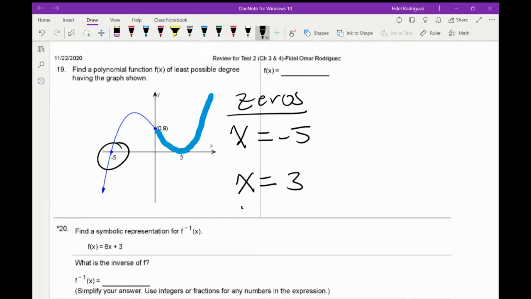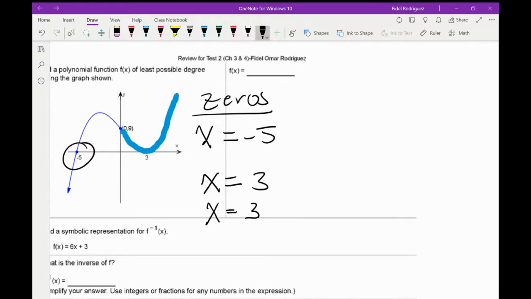Anytime it does that little bounce, that means that number is going to occur 2 times. Okay? So if you see, and I don't remember, guys, which one I put on the test. It's either something like 18 or something like 19. But the one thing I really wanted to point out was when you have the bounce, you're going to have that factor or that 0 occurring 2 times.